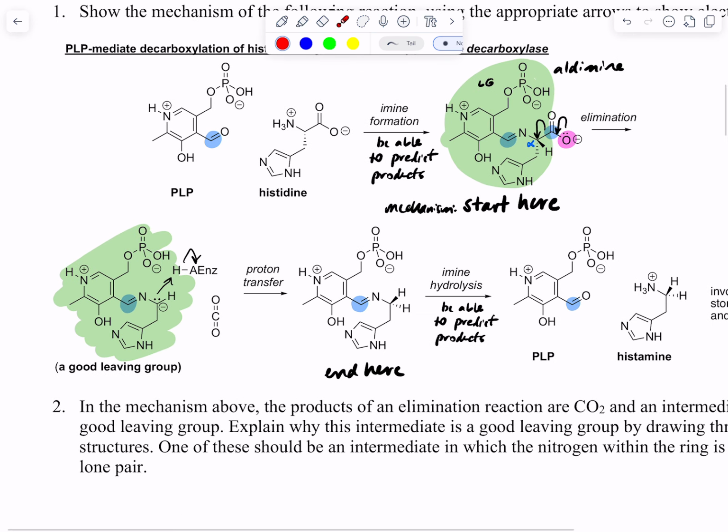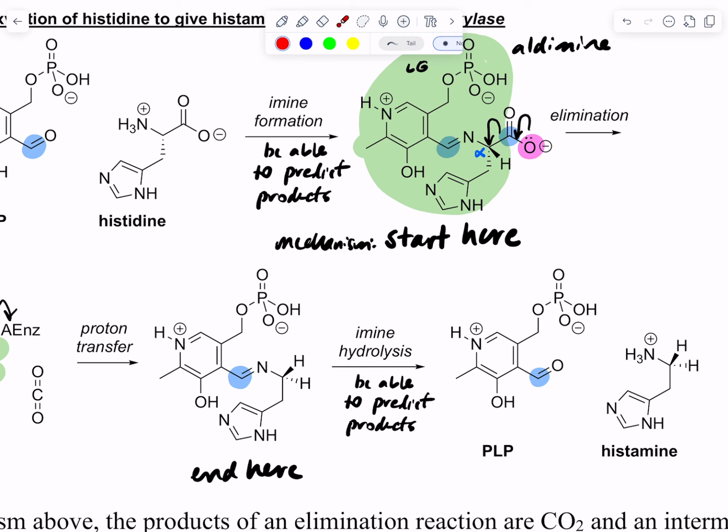Well, I want us to reflect for just a minute on why the decarboxylation can happen. Essentially, the decarboxylation can happen when the carboxylate is attached to a good leaving group. That's the pattern. What makes a good leaving group? Generally, at least in biology, something that is resonance stabilized.